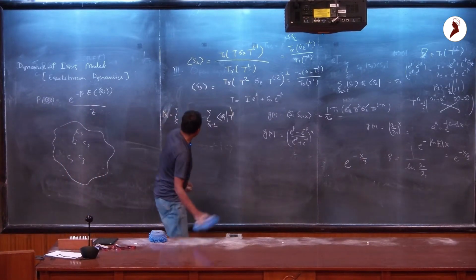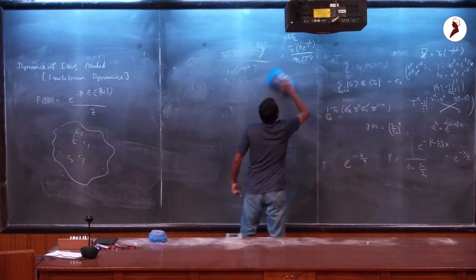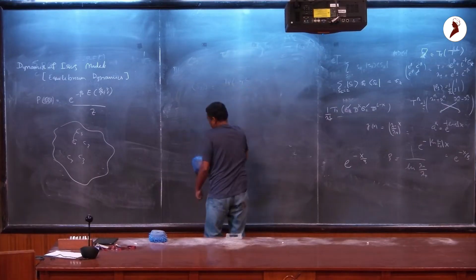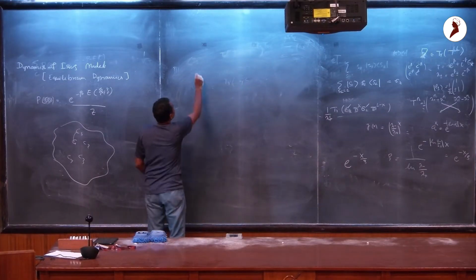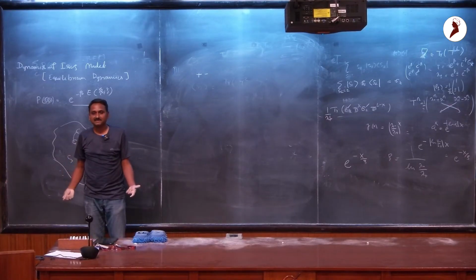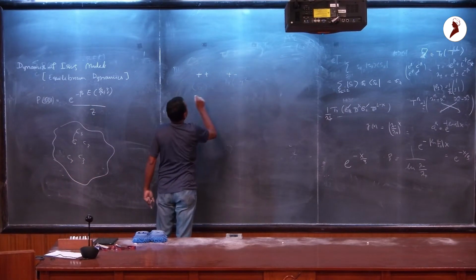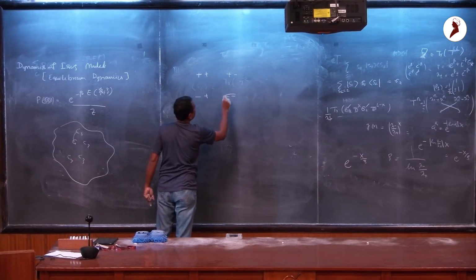For example, if you take an Ising model with just two sites, how many configurations are there? 4. It is plus plus, plus minus, minus plus, minus minus. So these are the 4 configurations.